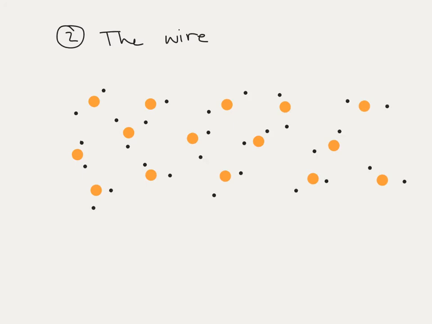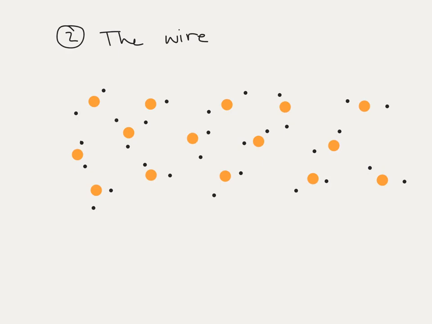Okay, now I want you to envision the electrons leaving the zinc anode and traveling through the wire. All they have to do is be passed from atom to atom to atom in a conductive material like the copper.